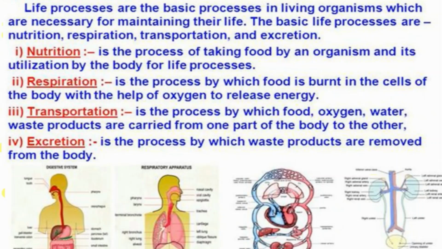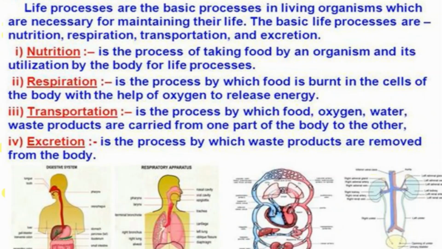So the first raw material is food. Second, we need oxygen to oxidize our food and release energy, and this is the job of the respiratory system. So the second life process is respiration, and the second raw material is oxygen.